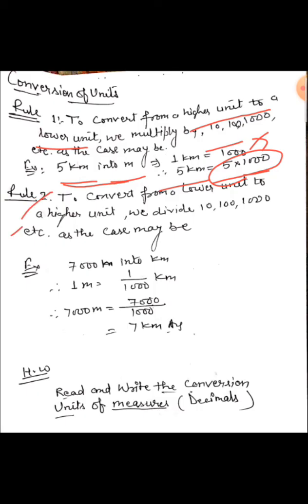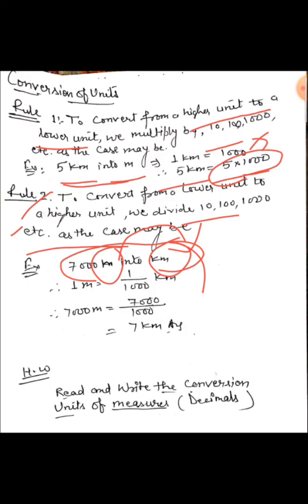And the second rule: to convert from a lower unit to a higher unit, we divide by 10, 100, 1000, etc., as the case may be. Like this one, 7000 meter into kilometer. The question says convert 7000 meter into kilometer. Meter is smaller than kilometer, so we are going from smaller to greater. So here we find the answer by division, and divide by which number?